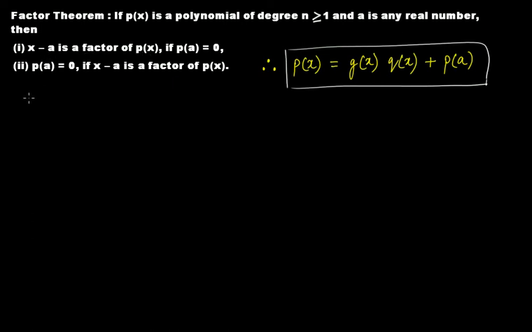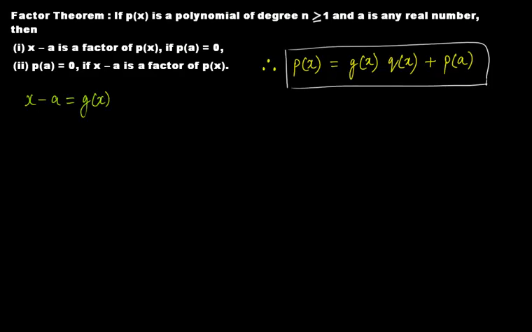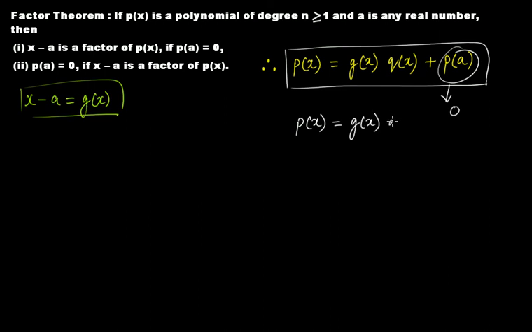Let's denote this x minus a by gx, right? So if we denote x minus a by gx, then x minus a is a factor of px if pa is equal to 0. If pa is equal to 0, it means that your px will be equal to gx multiplied by qx, right?